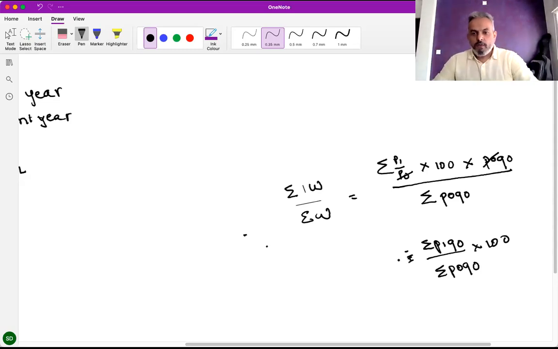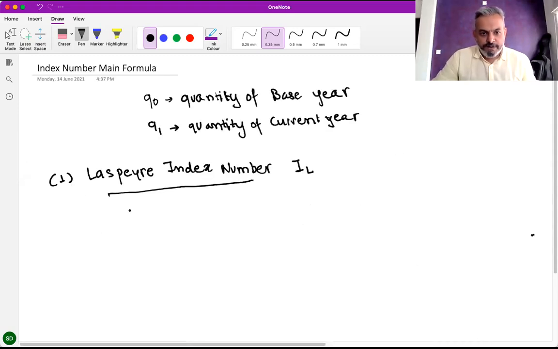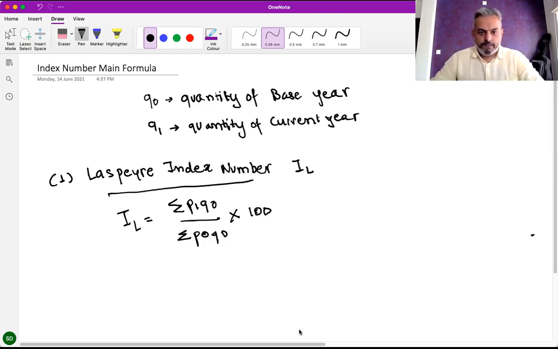So this is how we derive the first formula of Laspeyre. IL is equal to sigma P1 Q0 upon sigma P0 Q0 into 100. Please write this.